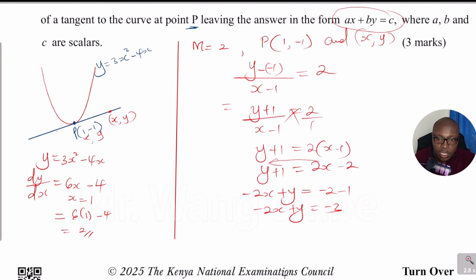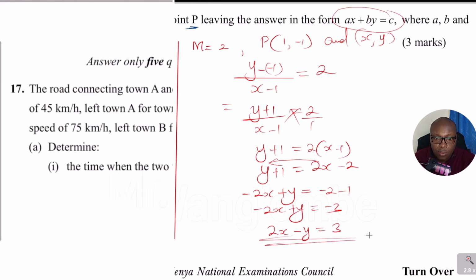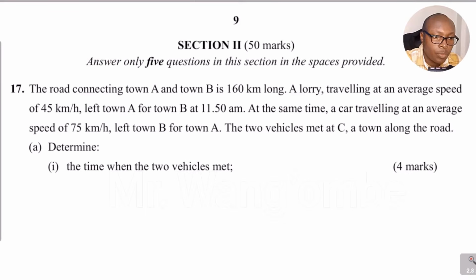You can leave it like that, or multiply each term by negative 1, which doesn't change anything, and you get 2x subtract y equals 3. That is the equation of the tangent in the required form.